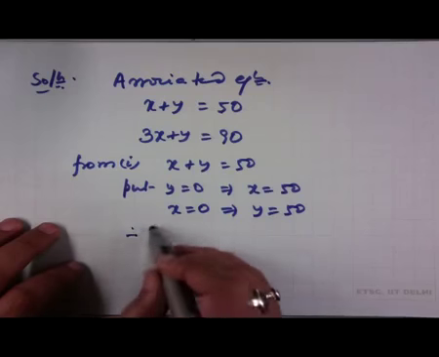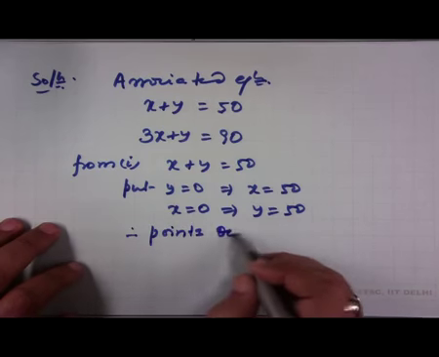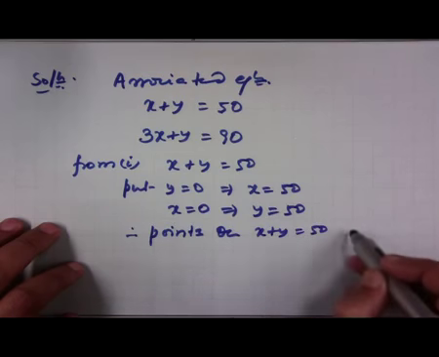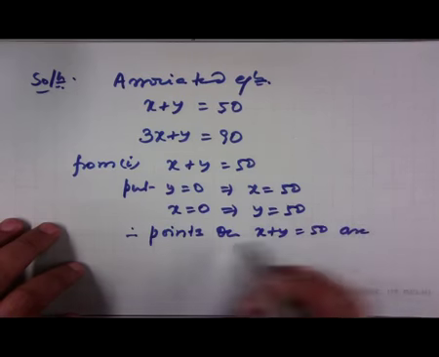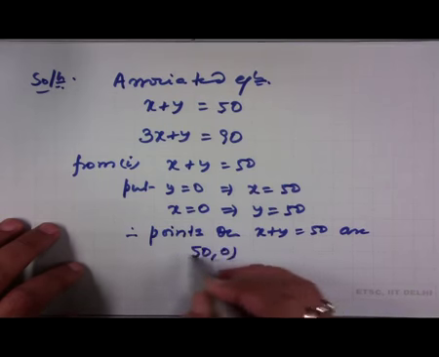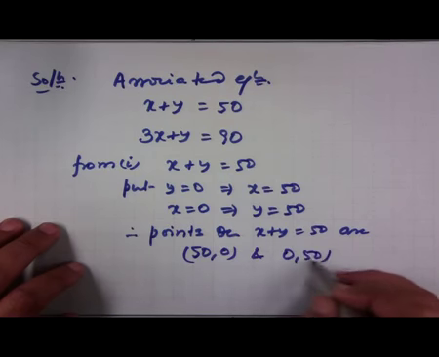So points on x plus y equal to 50 are (50, 0) and (0, 50).